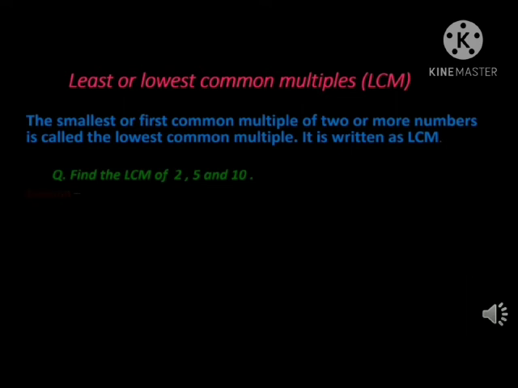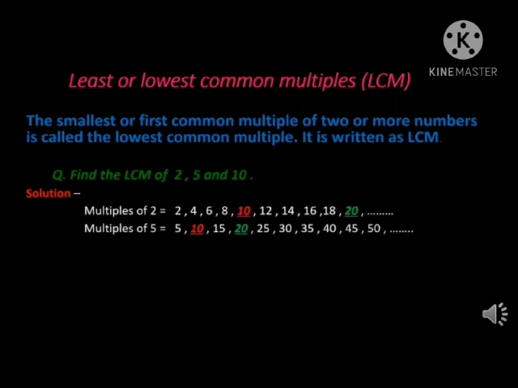Let's find the multiples. Multiples of 2 are 2, 4, 6, 8, 10 and so on. Multiples of 5 are 5, 10, 15, 20, 25 and so on, and the multiples of 10 are 10, 20, 30, 40, 50 and so on. Now we can see that 10, 20 and so on are in all the lists.